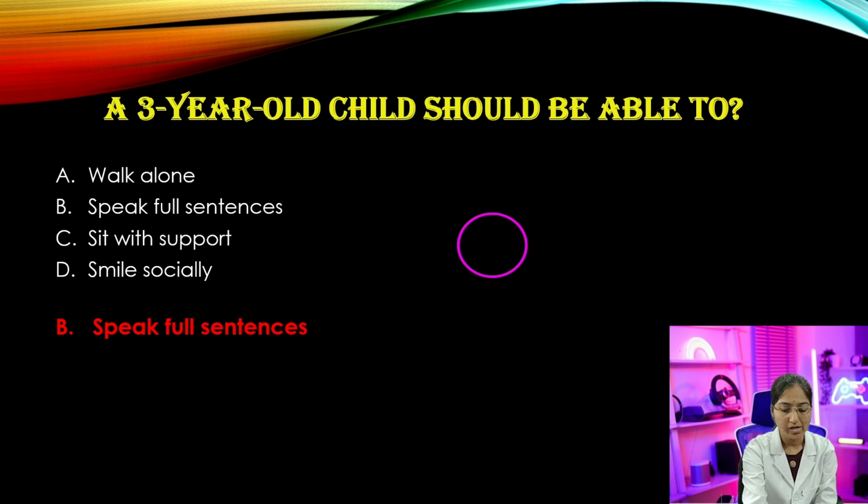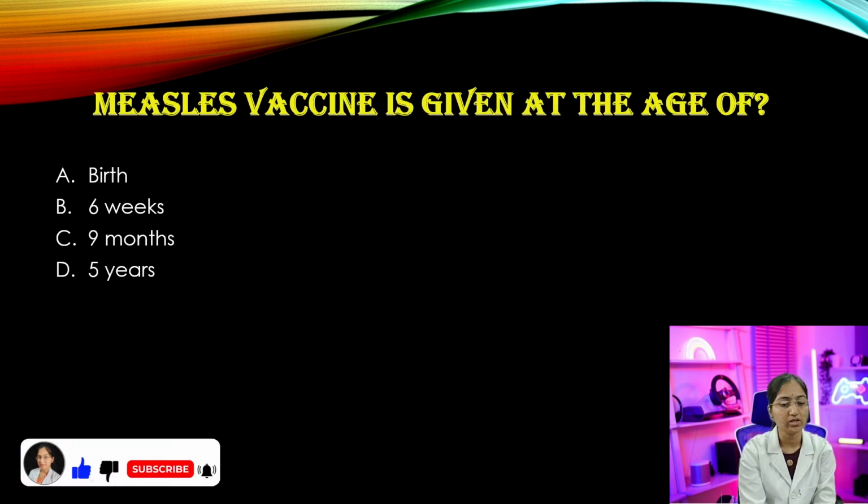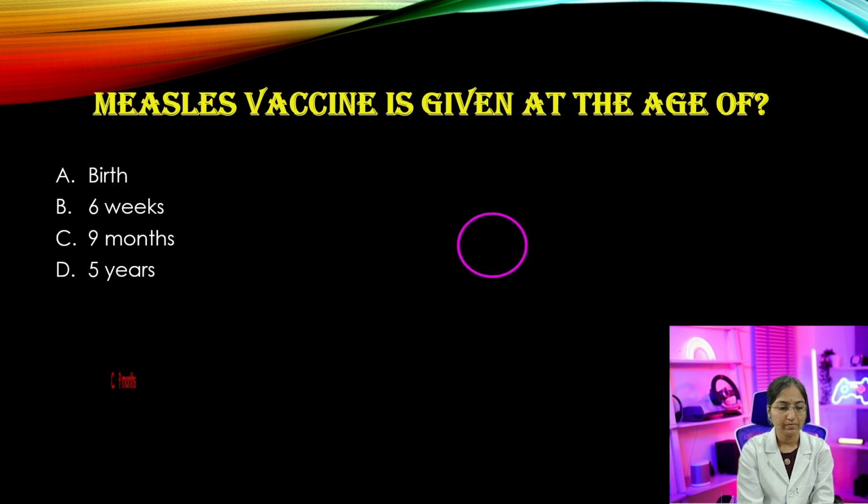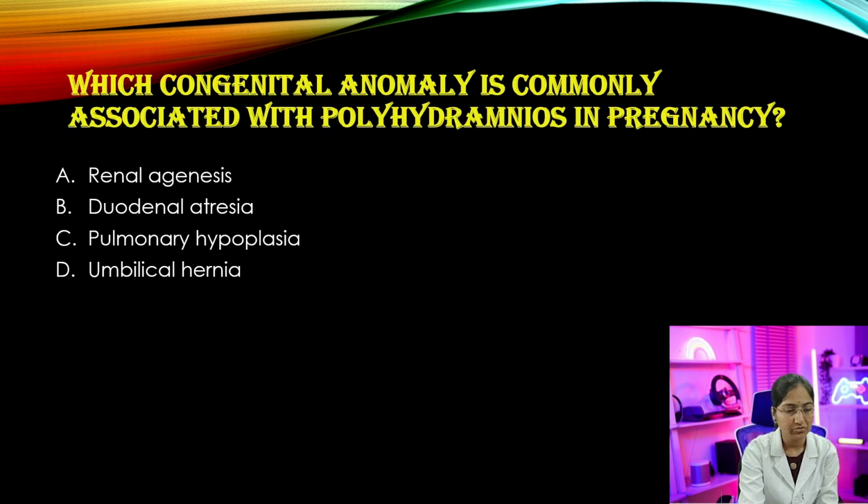Sentences. This is the right option here. Next question. Measles vaccine is given at the age of. Options given below. Right option is 9 months. We'll move to the next question.